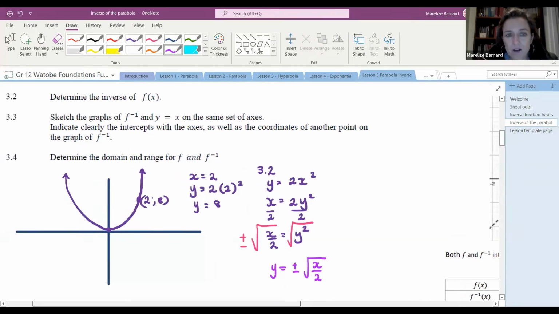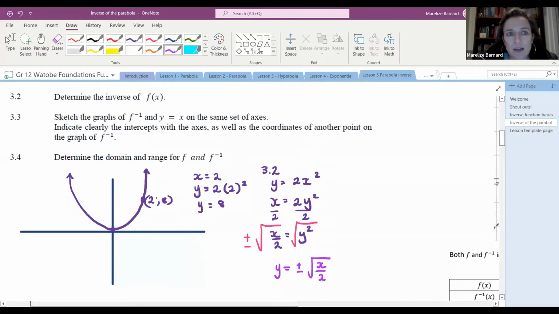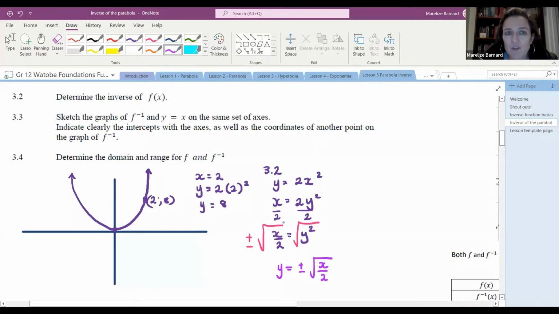Okay, now that is our inverse, determine the inverse. And I really, really hope that you practice this skill of finding the inverse of the parabola. I hope that these are probably 2 or 3 marks that I hope everyone gets at the end of the year, okay? Or now in your next exam or test.